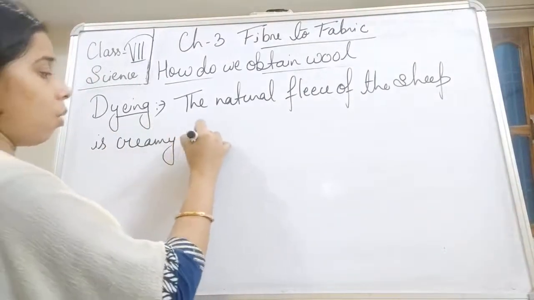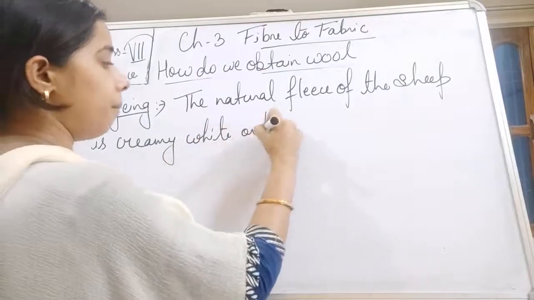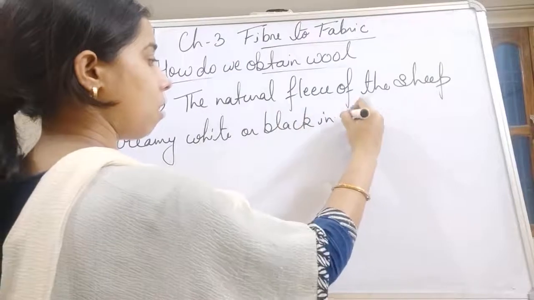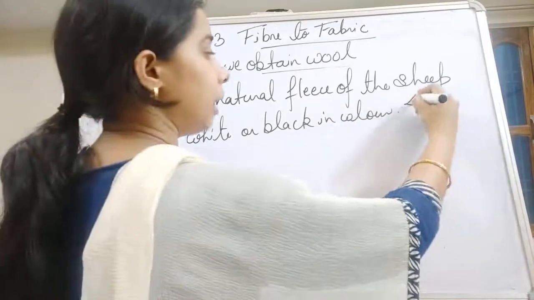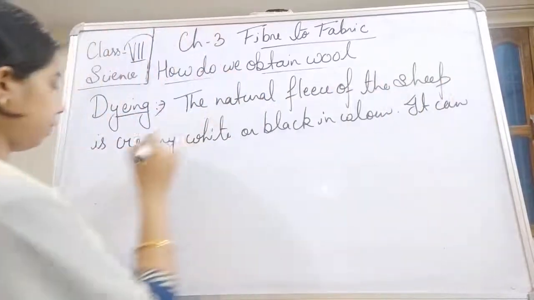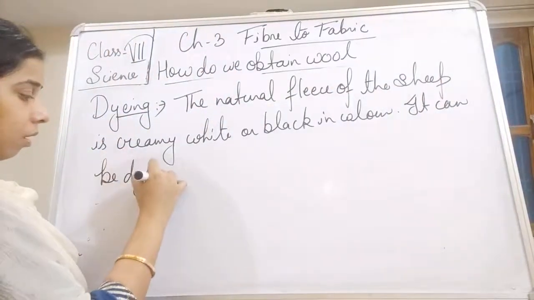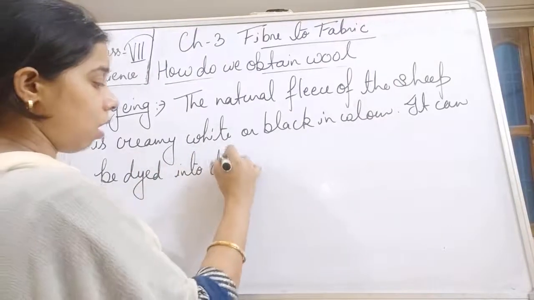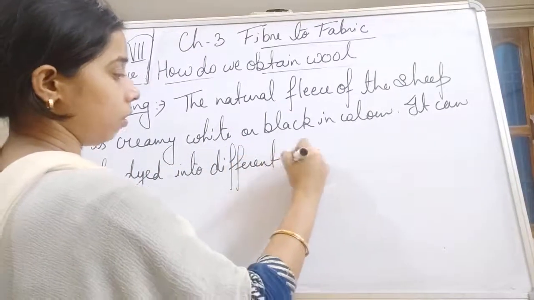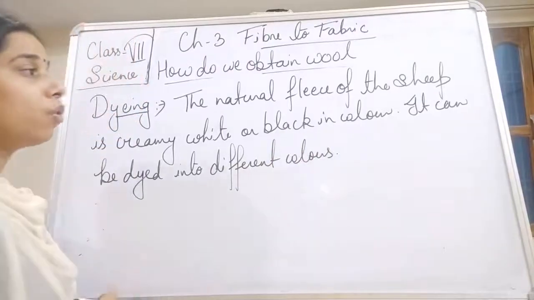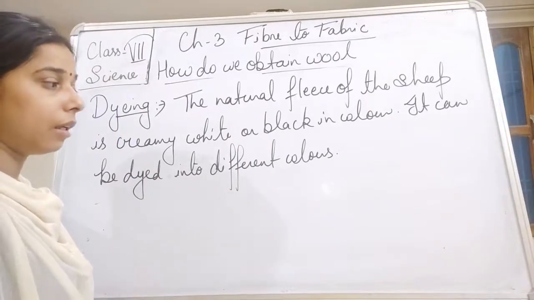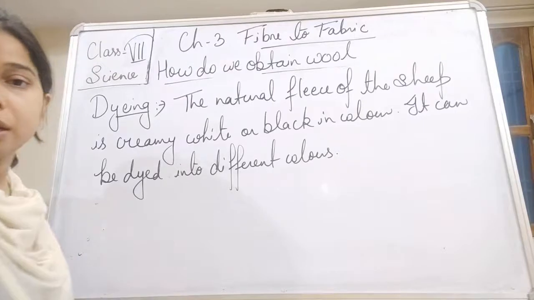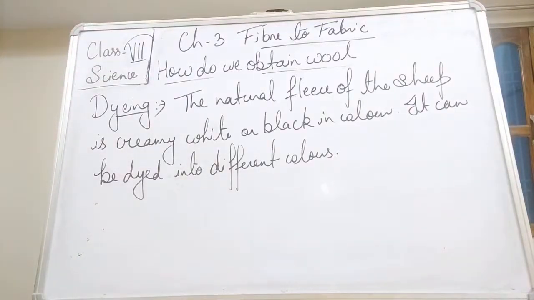So it can be dyed into different colors. So the natural fleece of the sheep is basically creamy white in color or a black in color. So it is important to give color to it. So that's why it should be given different colors.